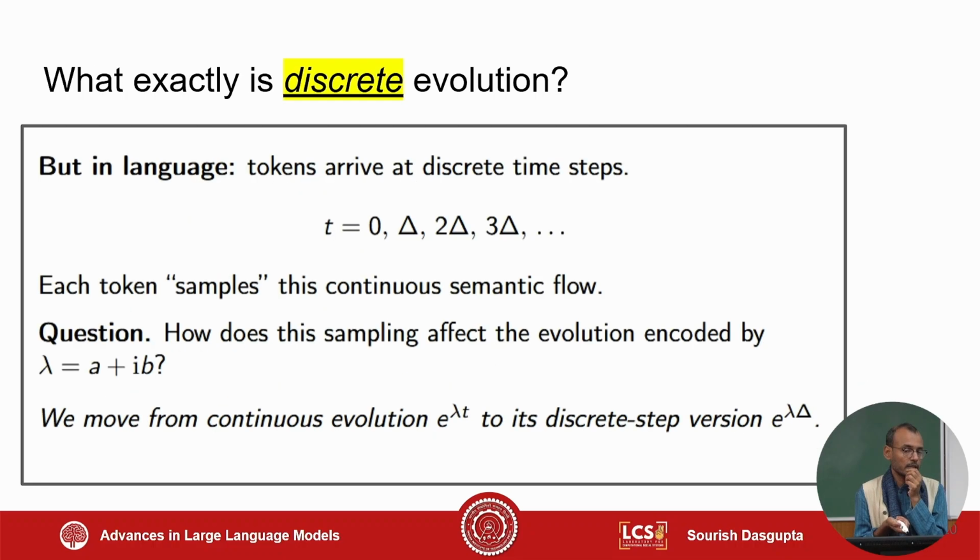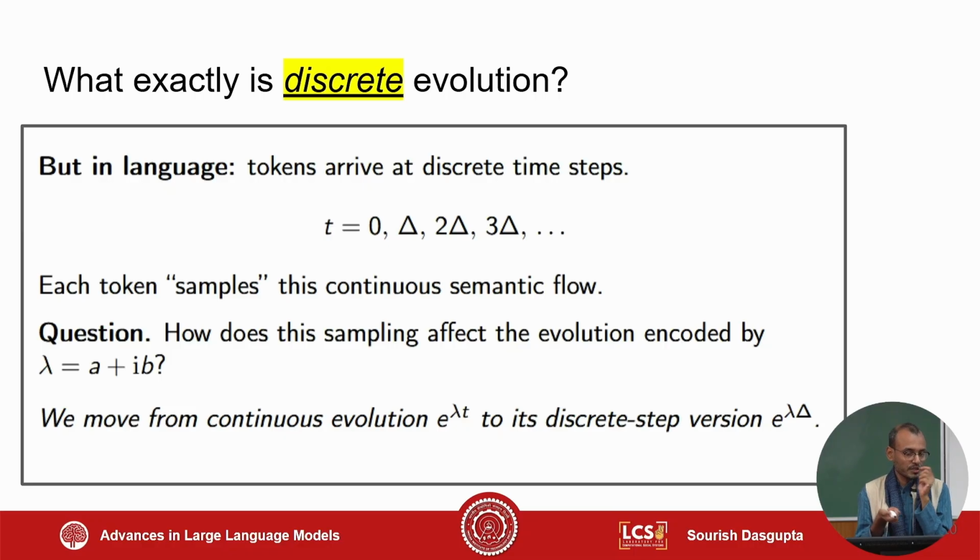So what exactly is discrete evolution? As I said, tokens arrive at discrete time steps in language. So t would be 0, then delta, then 2 delta, then 3 delta, and so on. Each token samples this continuous semantic flow.